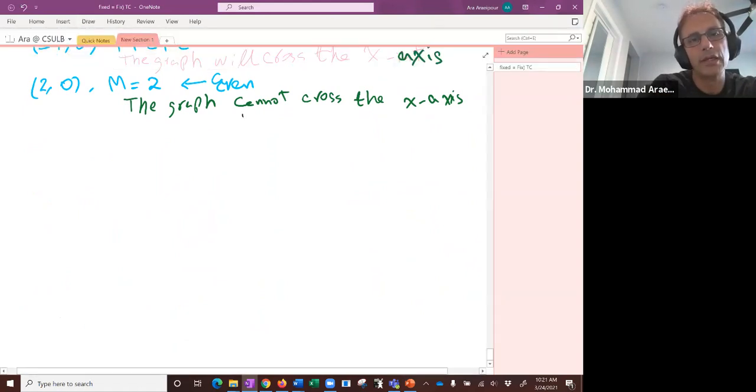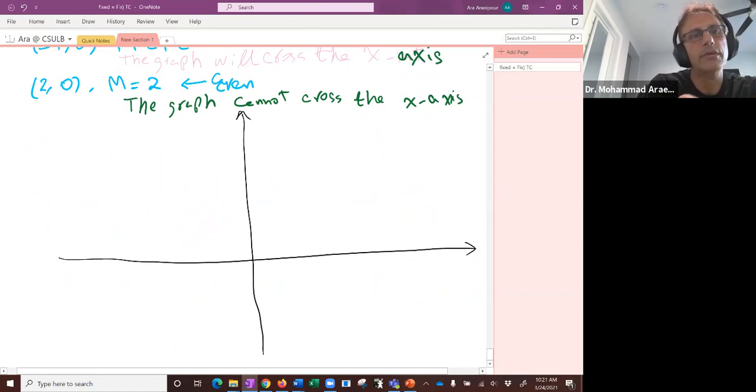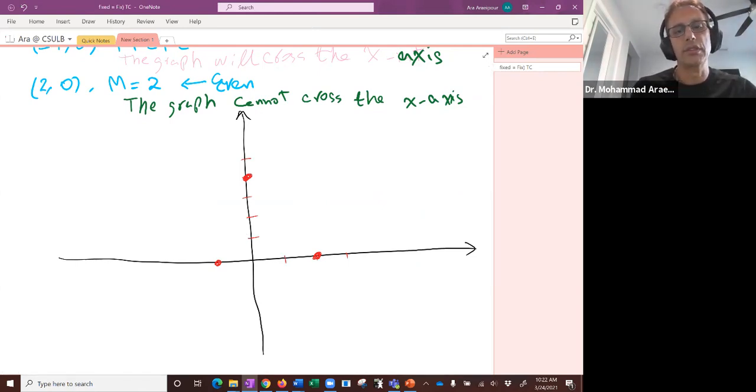So I'm going to graph this, and it's not going to be to scale by any means, but we try. So we said we have minus 1, 0. We have 2, 0. And then we have 0. Now, remember at 2, 0, we have the multiplicity 2.